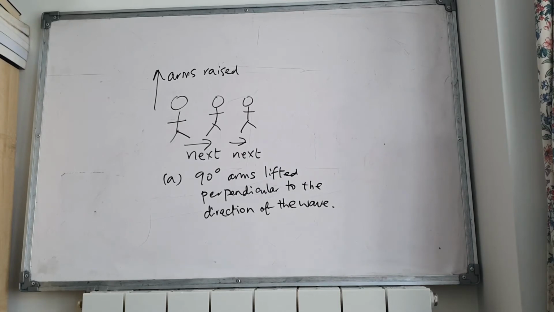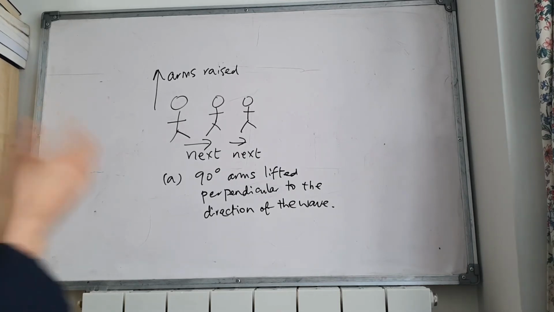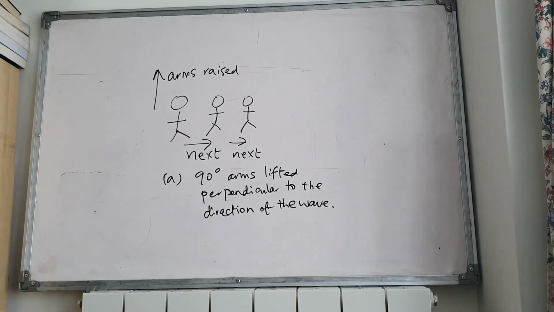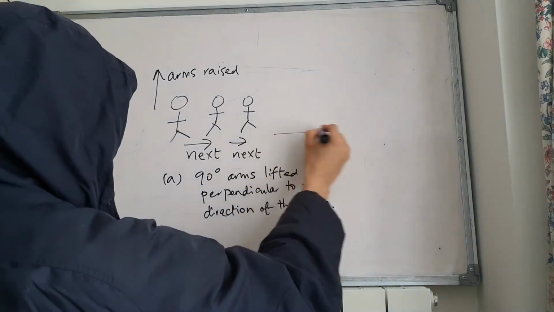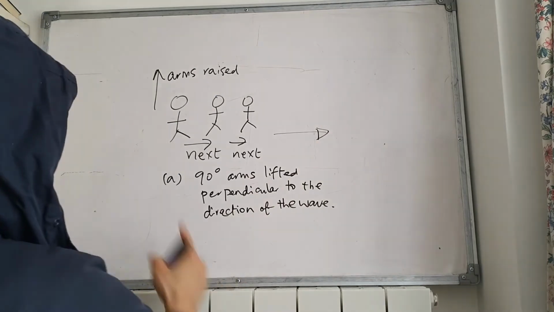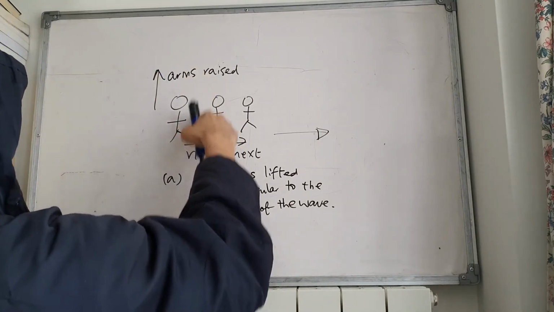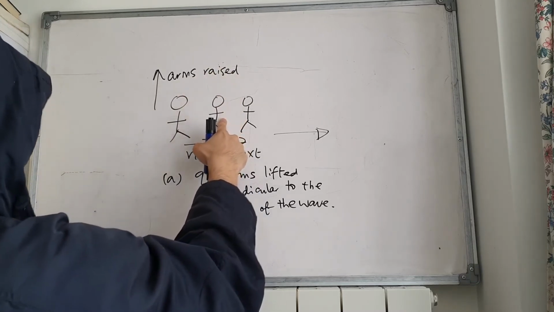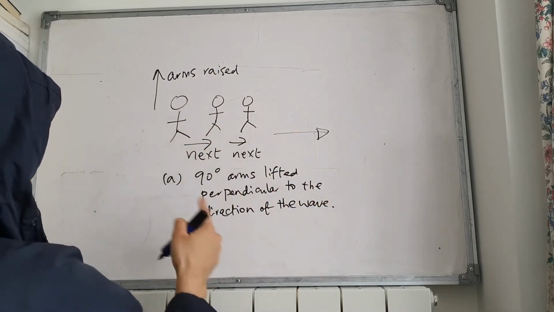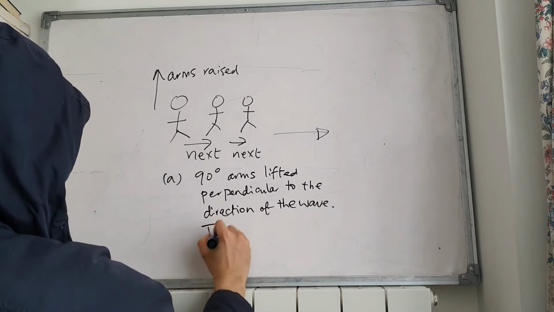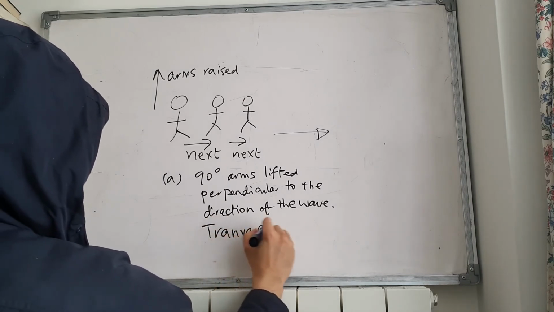The arms are being lifted perpendicular to the direction of the wave. So the direction of the wave is that direction, because it's going from one person to the next, and because the arms are raised vertically compared to the horizontal wave, that is a transverse wave. So this is basically the definition of a transverse wave.